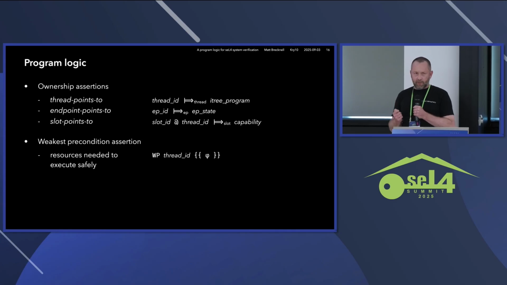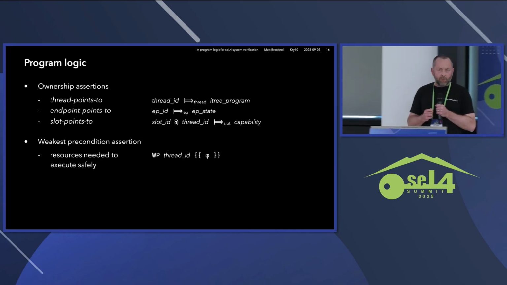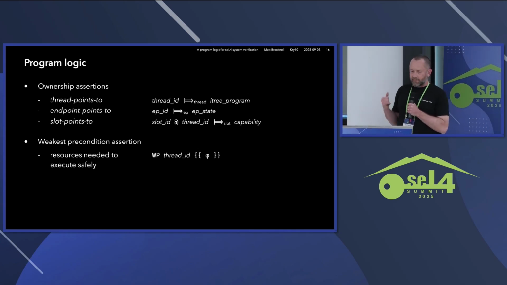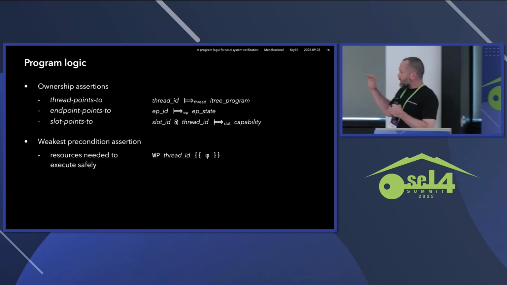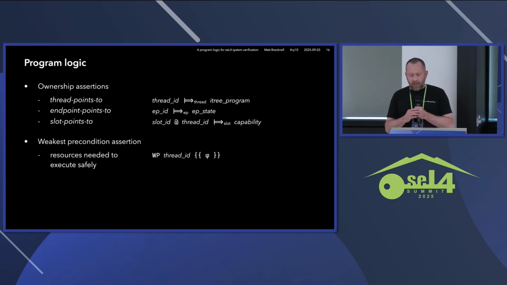And that's very useful for concurrent systems where you want to know that some other thread is not interfering with what you're doing. Most of the time, when you're doing a proof, you're proving a weakest precondition assertion. So the weakest precondition asserts that we have exclusive ownership of the resources needed to execute some threads safely.